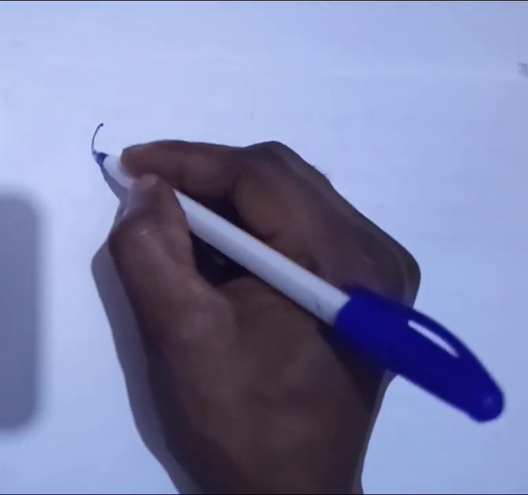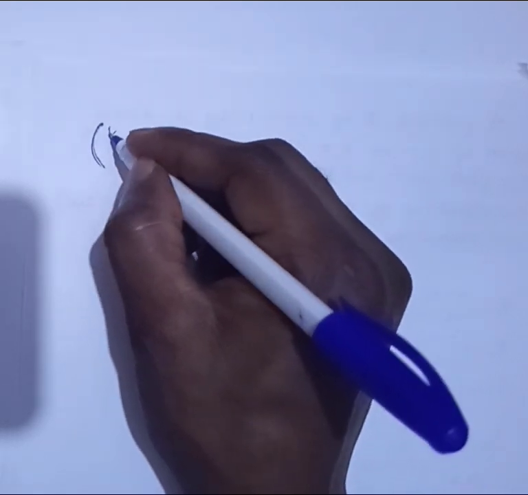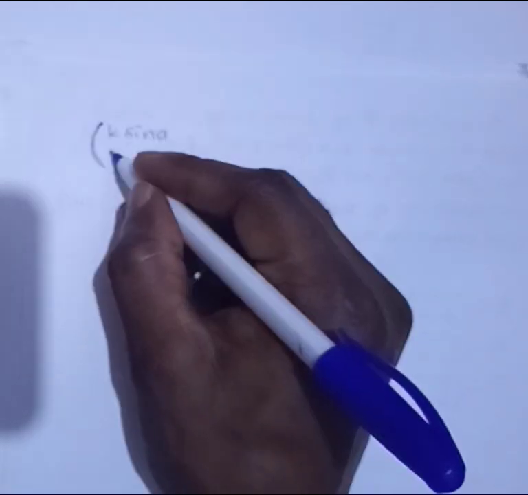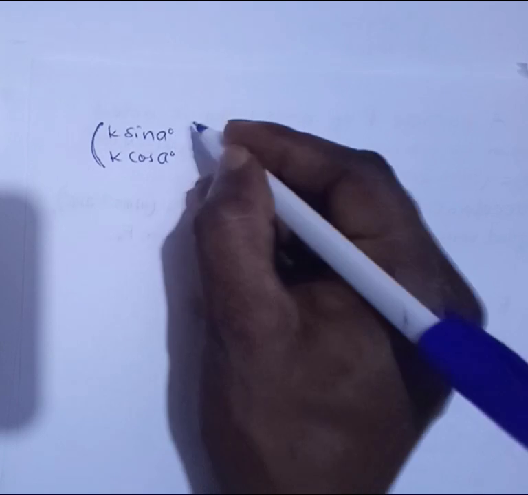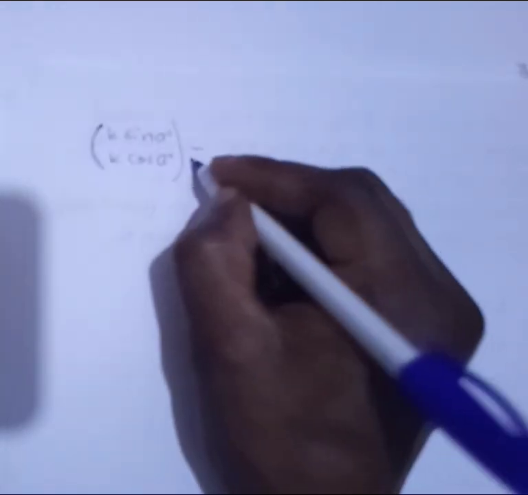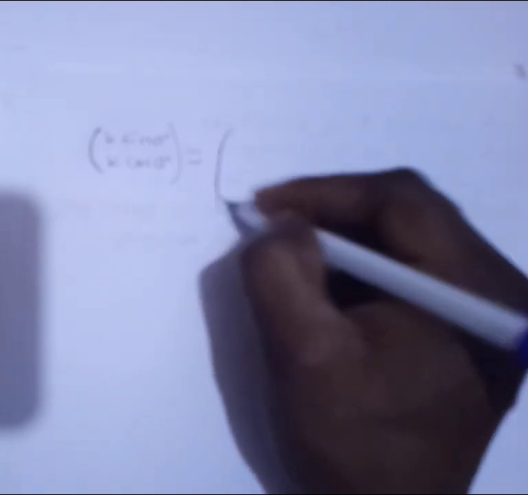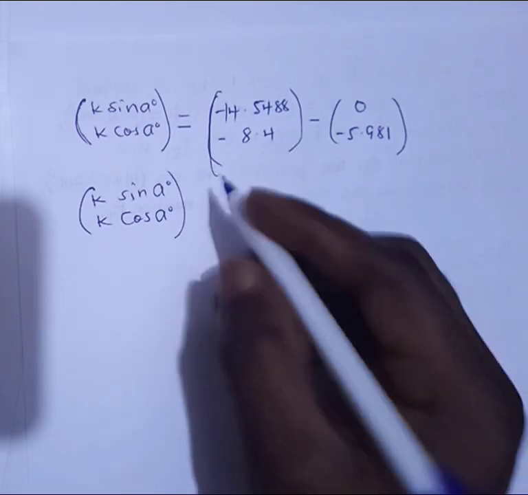That is our k sine a, and then k cos a degrees should be equal to, because we are grouping items, if you group like terms, we are having this.